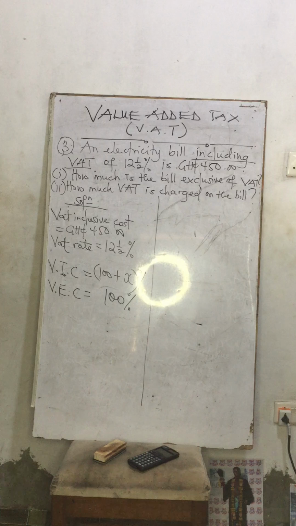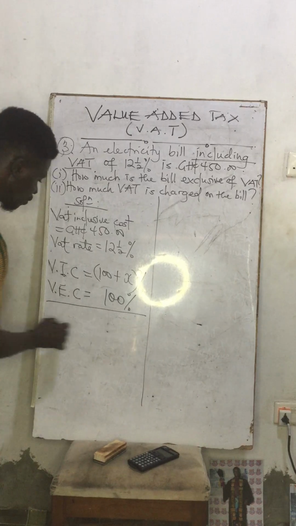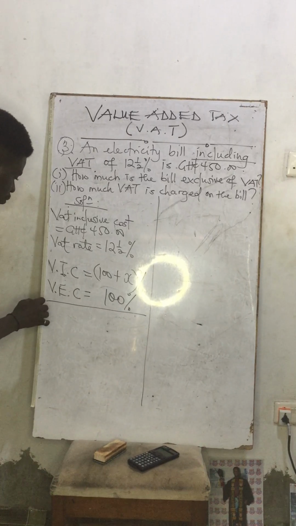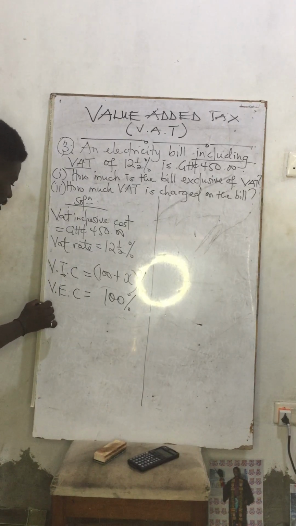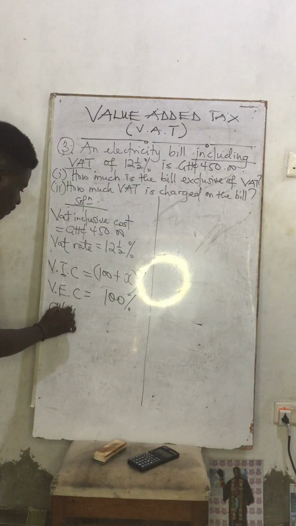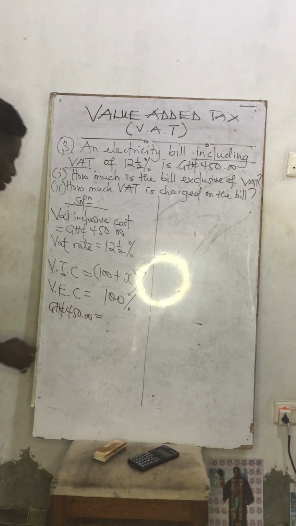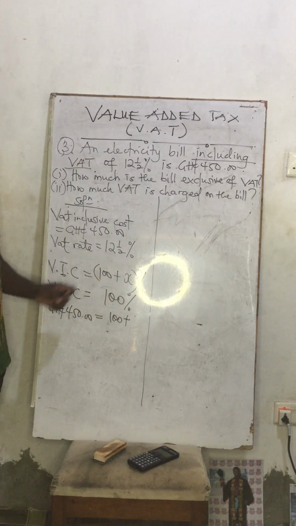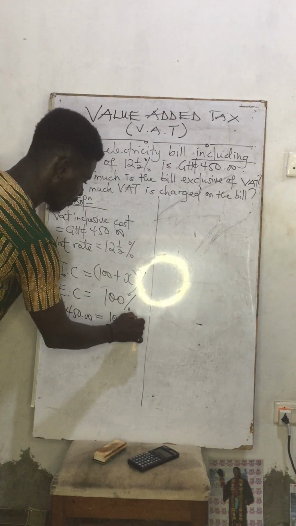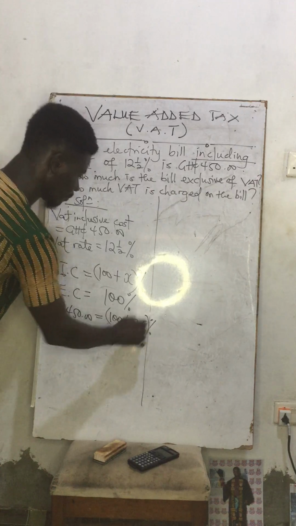So our VAT inclusive cost was given as 450 Ghana cedis, which must be equal to 100 plus our X, which is 12.5%.